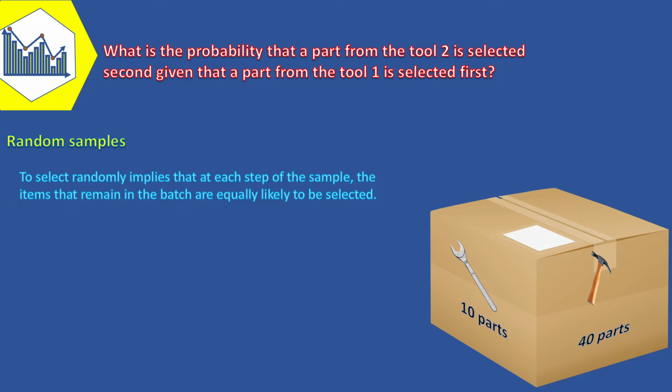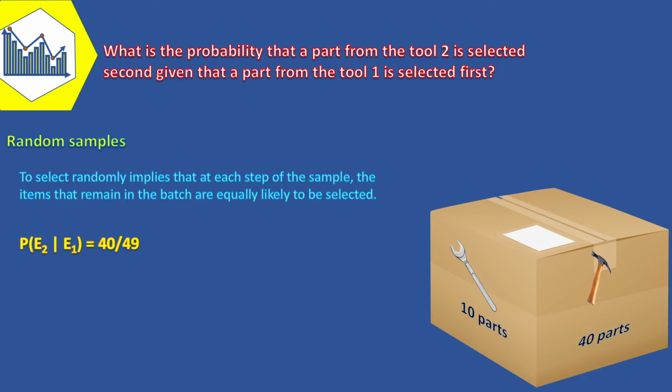Therefore, the probability that a part from tool number 2 would be selected with the second pick, given that the first pick was from tool number 1, is the probability of E2 given E1, that is 40/49. In this manner, other probabilities can also be simplified.